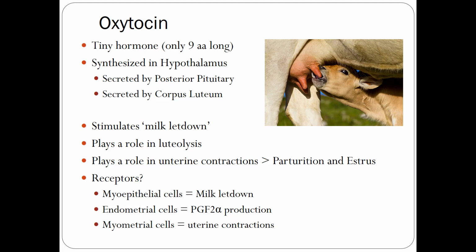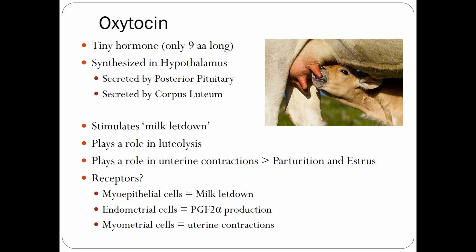Oxytocin will bind to a few different cells depending on what function it's trying to elicit. If oxytocin is trying to stimulate milk letdown, then it's going to bind to the myoepithelial cells in the mammary tissue.